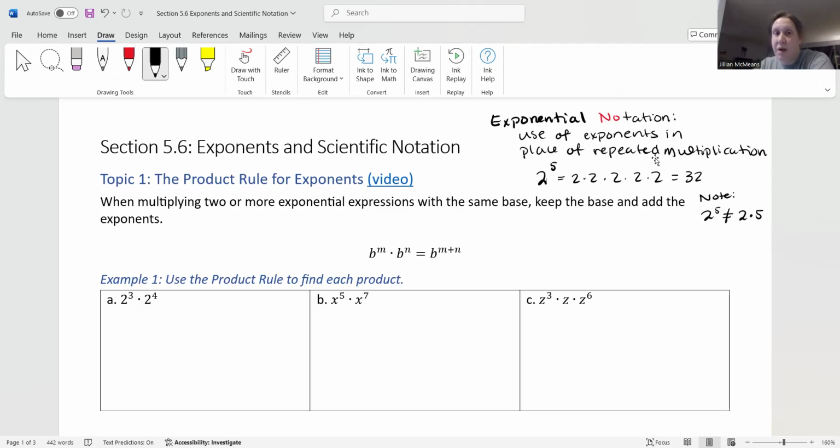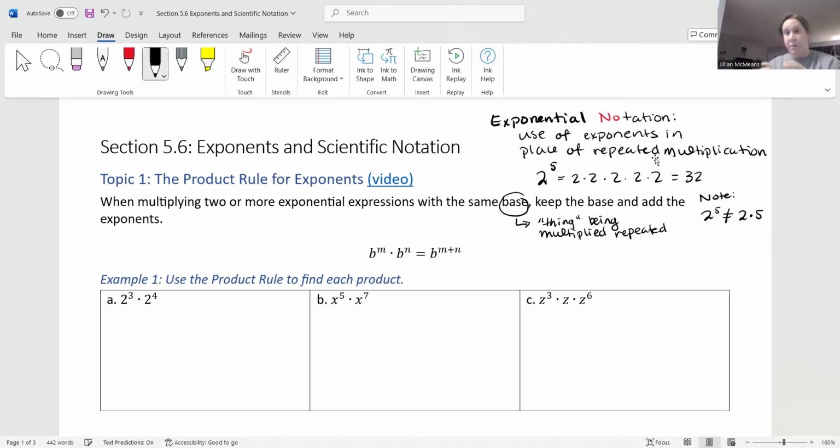If you are multiplying 2 or more exponential expressions with the same base, I'll explain base in just a minute, keep the base and add the exponents. The base is the thing being multiplied repeatedly, okay?